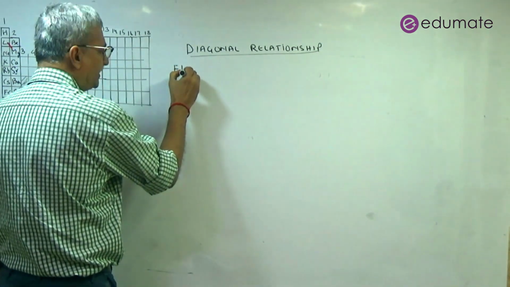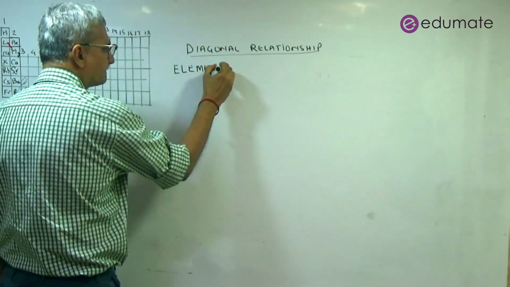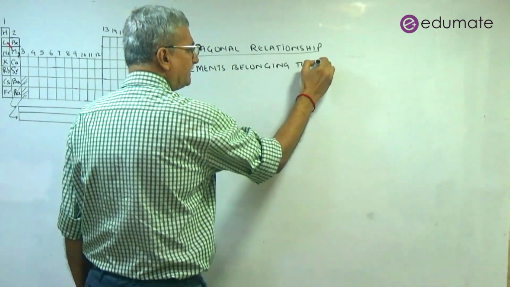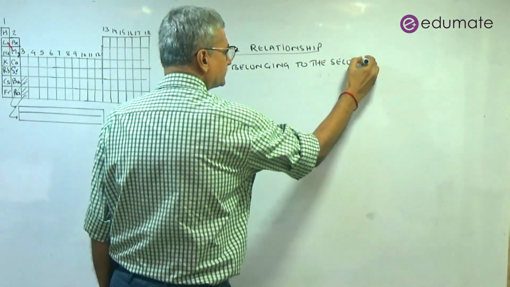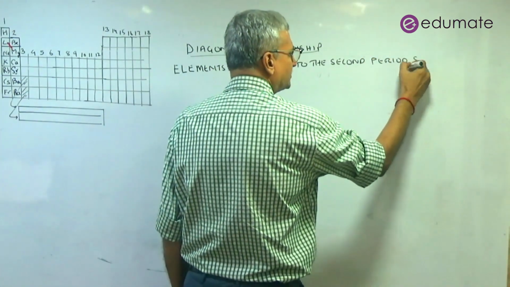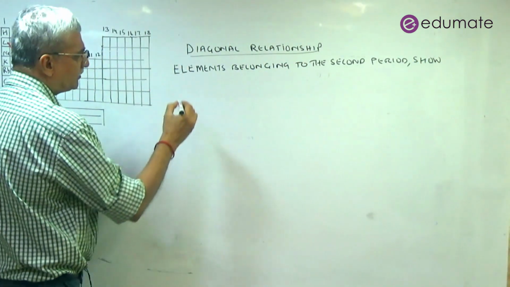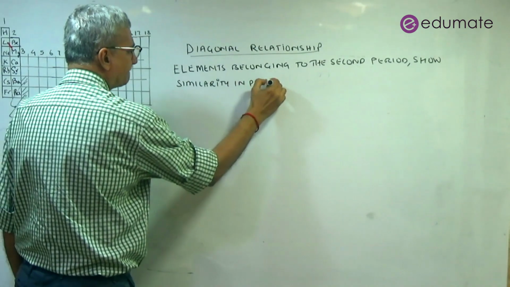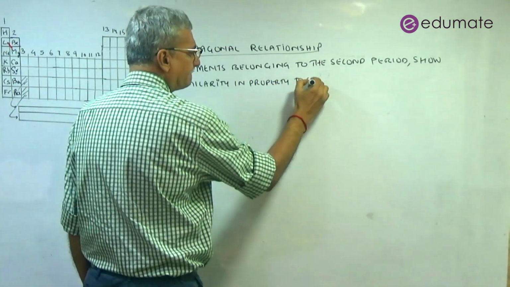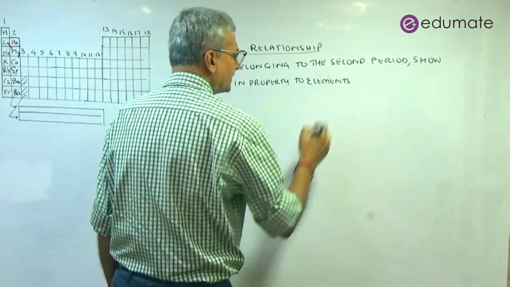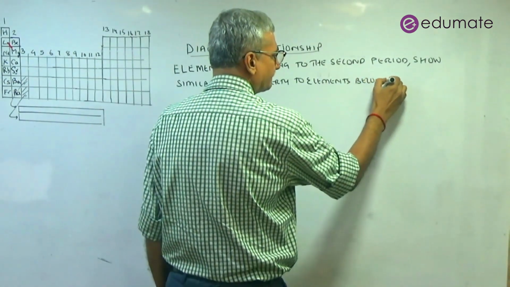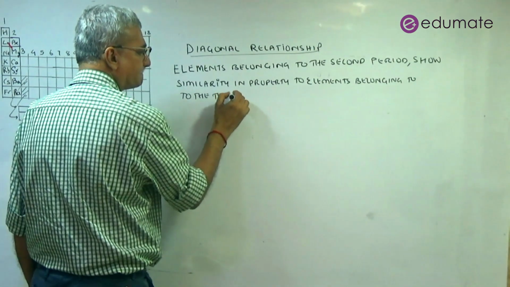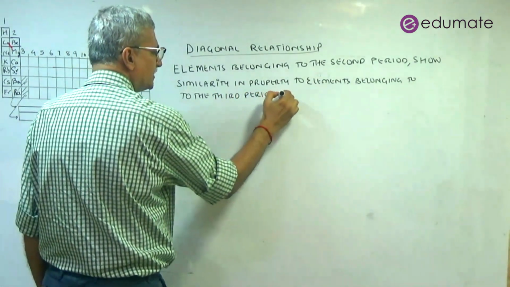Elements belonging to the second period show similarity in property to elements belonging to the third period, but of the adjacent group.